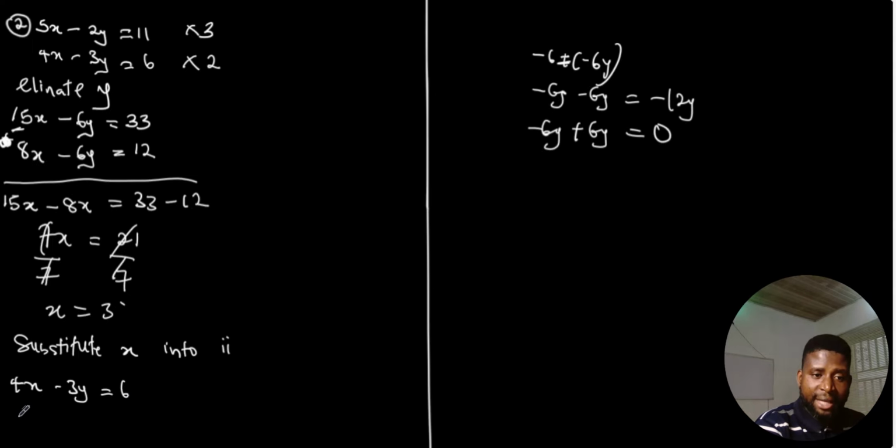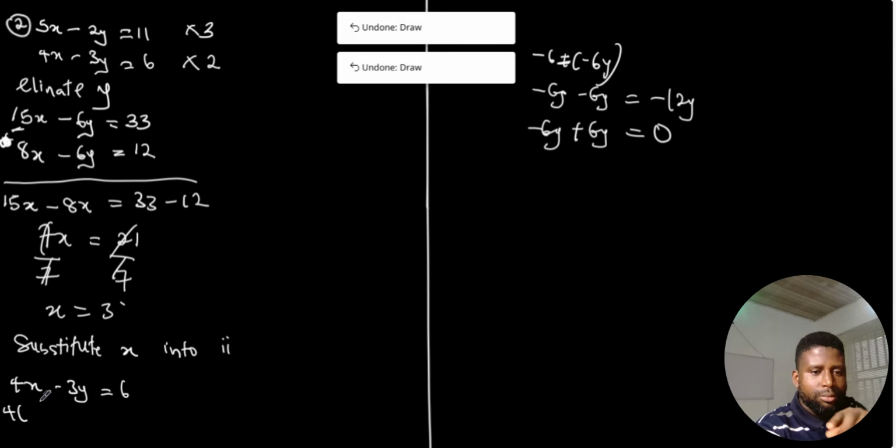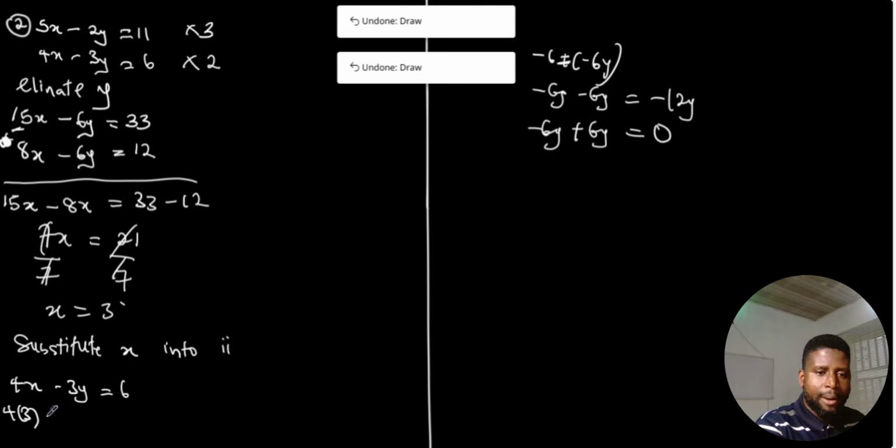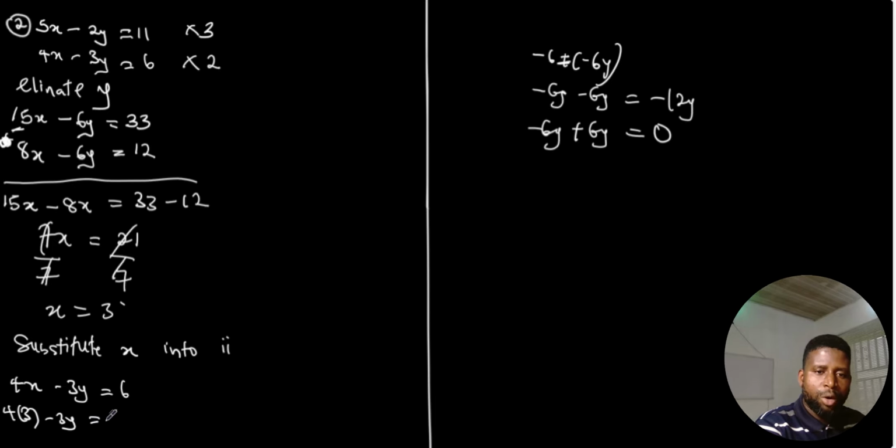Our x is 3, so x will leave, 3 will come in. I have 4 into 3 minus 3y equals 6. Now, I will have 4 times 3 is 12 minus 3y equals 6.